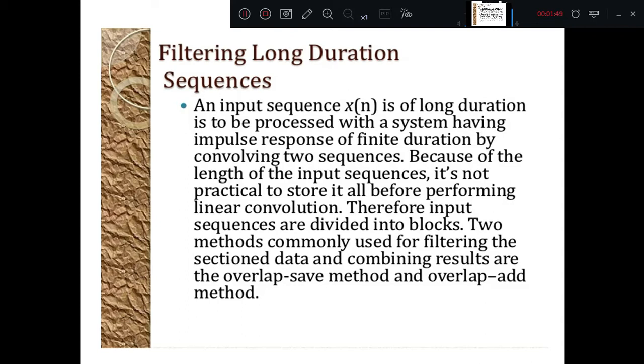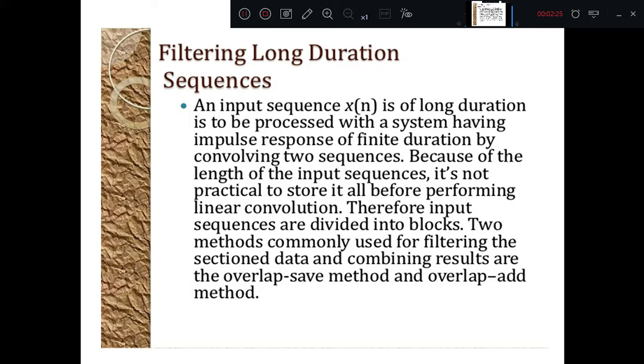If the system has limited memory storage, it is very difficult to process the long data sequence, because the system impulse response consists of very few samples, right? So the input sequence is very long and the system response consists of a few samples, so there is difficulty in performing the linear convolution, and it also takes more computational time, as well as there is a problem with memory storage.